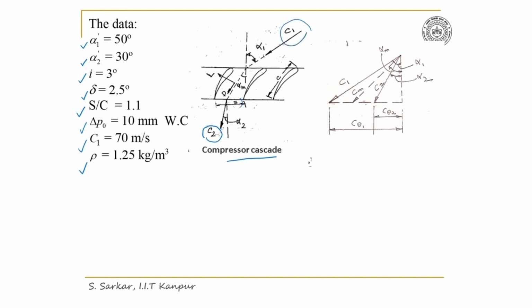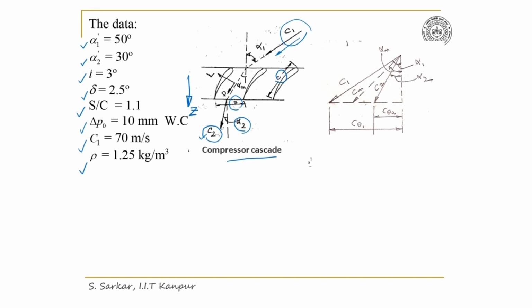Now here S is the pitch, and C being the chord, right? Z is the axial direction which I am indicating now. And look, C1 is the inlet velocity. This is the C1 that makes an angle alpha 1 with the Z axis. And similarly, C2 be the exit velocity that makes an angle alpha 2 with the Z axis.